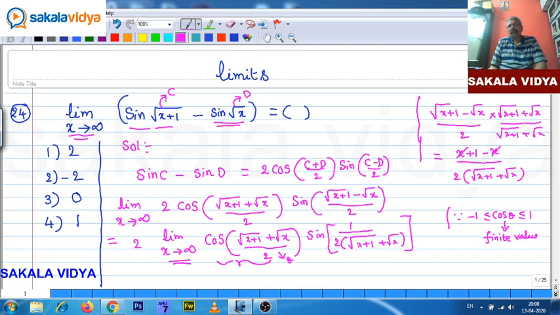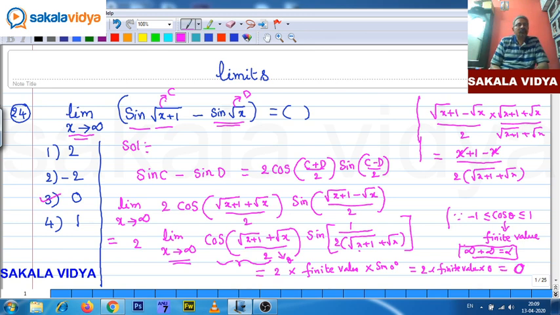But here infinity plus infinity is infinity, so we get 1 by infinity, which becomes 0. So 2 multiplied by some finite value multiplied by sin 0, because 1 by infinity is 0. So 2 times a finite value into 0 gives 0. So the third option is the right option.